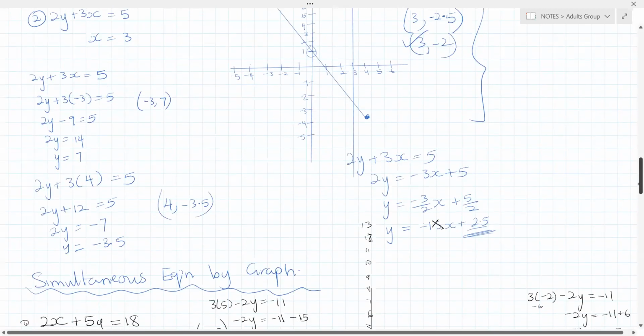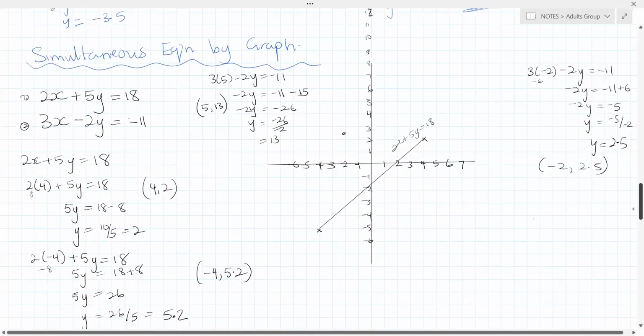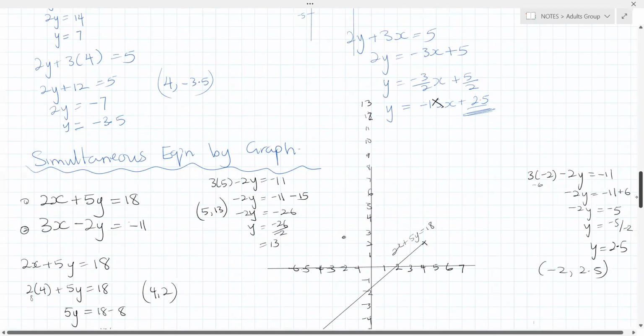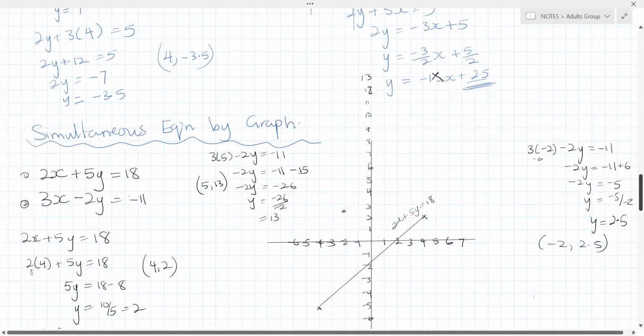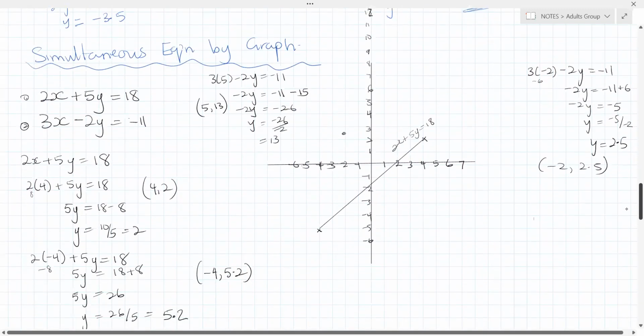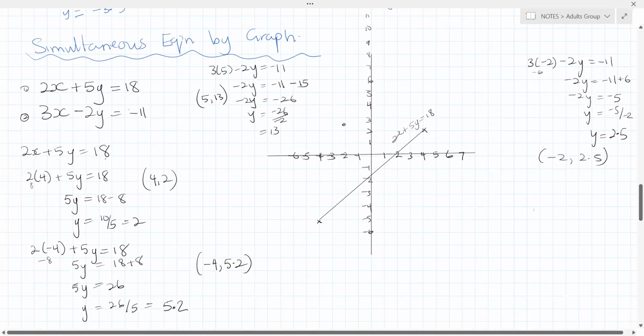Okay, something isn't really working out. Let me check this over. 2x plus 5y is equal to 18. 2 by 4 plus 5y is equal to 18. 8, 5y is equal to 18 minus 8. y is equal to 10 over 5, which is equal to 2.